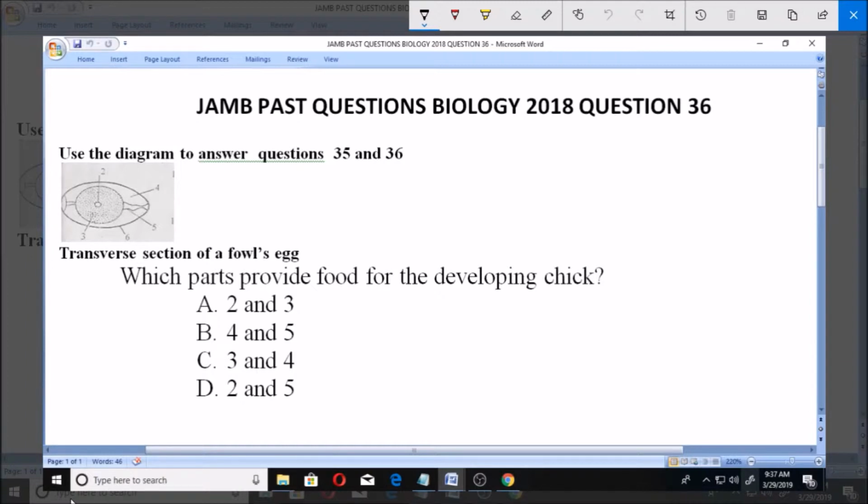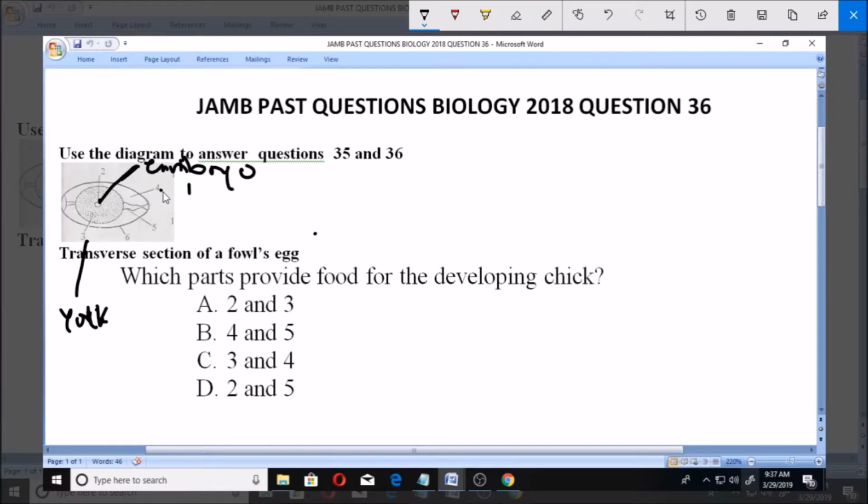We all know that the young one is formed from the previous question, is formed here, which is where the embryo is. Now this number 3 here is the yolk.